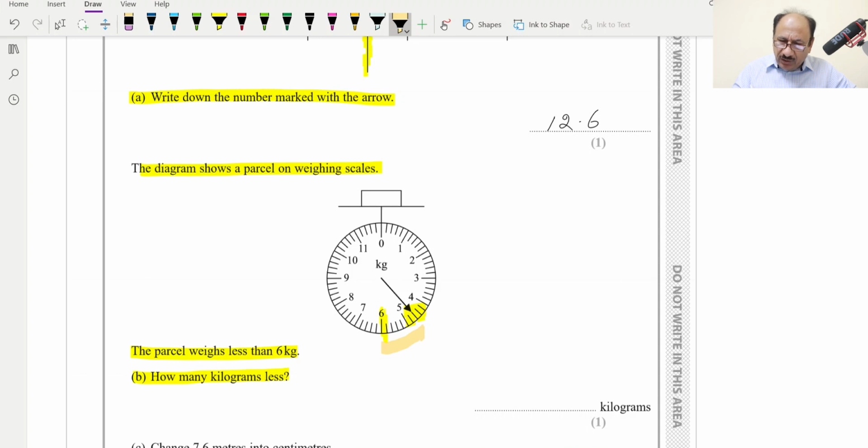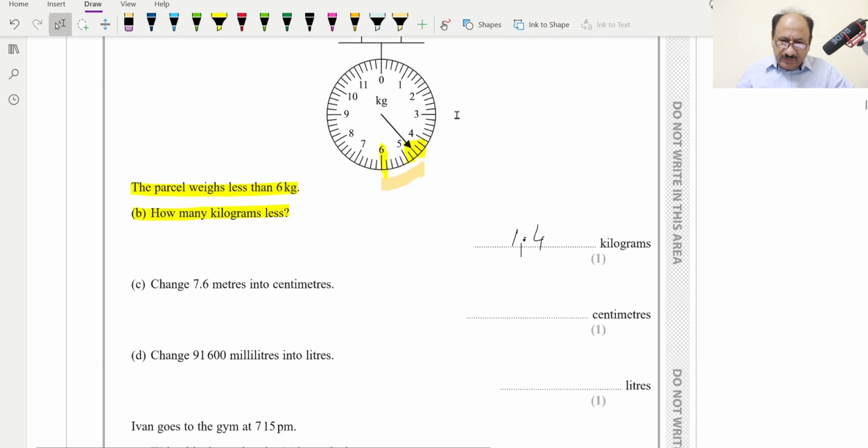Each portion is divided into 5 smaller portions. So 6 to 5 is 1, and the difference is 1.4, so we can write it is 1.4 kg less than 6.